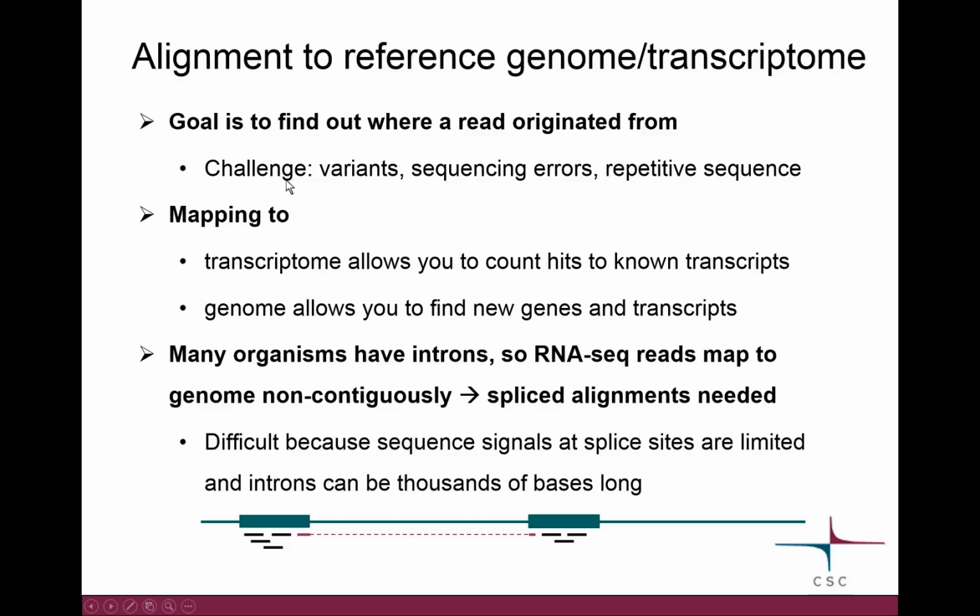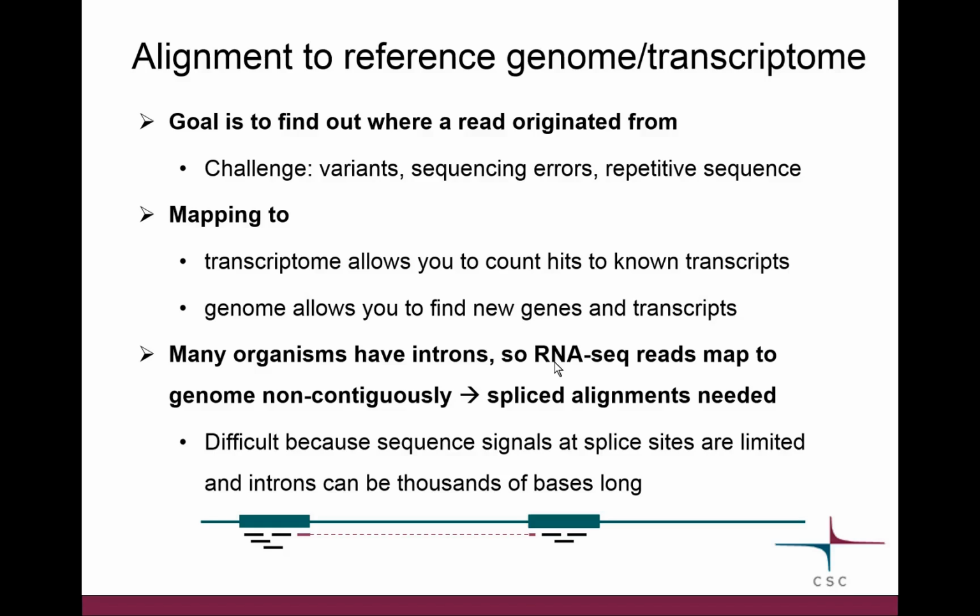So these problems listed up here apply to any sequencing data, but when we have RNA-seq data, we have one more problem. This comes from the fact that when we are sequencing RNA, we are sequencing, of course, the mature RNA, meaning that the introns have been spliced away already.